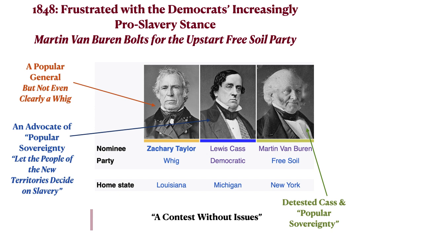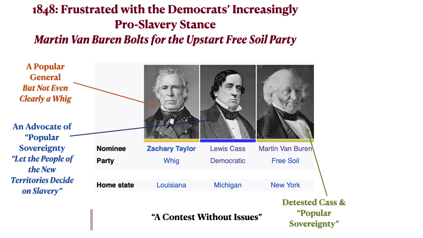So Martin Van Buren, as a Democrat, had of course worked hand in glove with Southern Democrats who were in favor of slavery and its expansion. But he's getting on in years now, and he's sort of rethinking some of his positions.